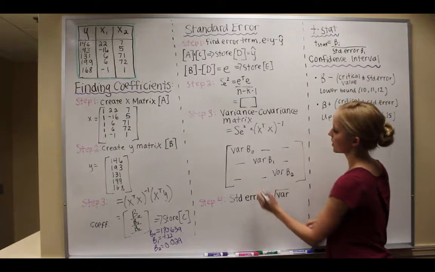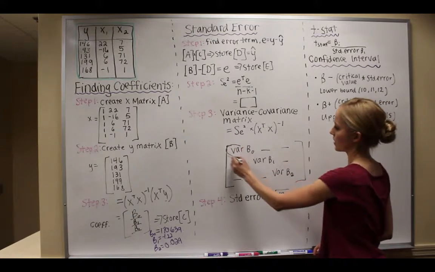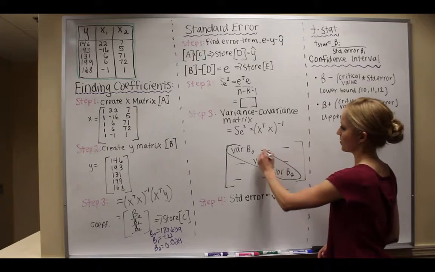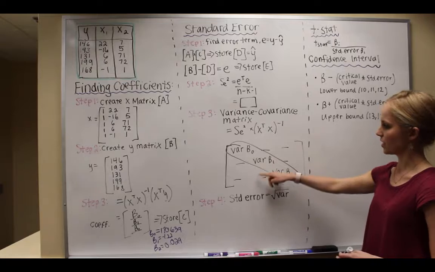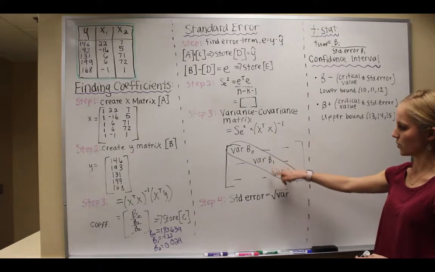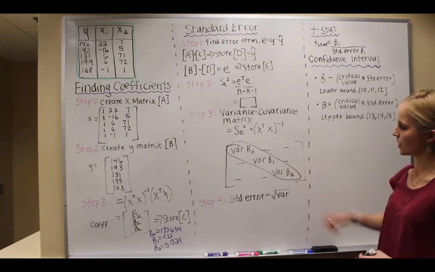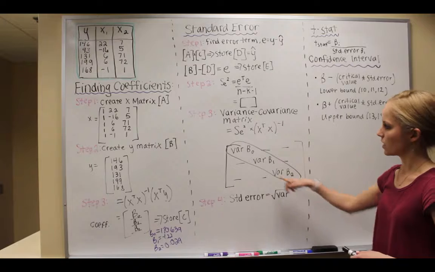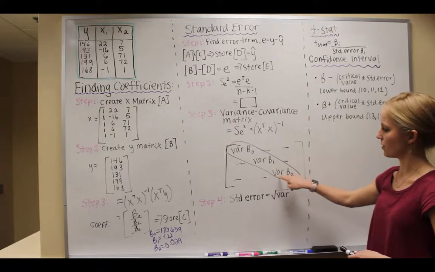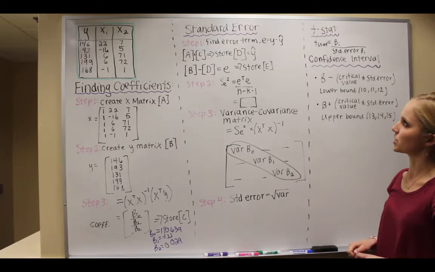The only ones you're caring about are your diagonal values. So your diagonal values are the variances of beta naught, your constant, your variance of x1, and your variance of x2, or beta 1, beta 2. And in order to get the standard error for each of these, you're just going to take the square root of each of those values. And that will get you your standard error.